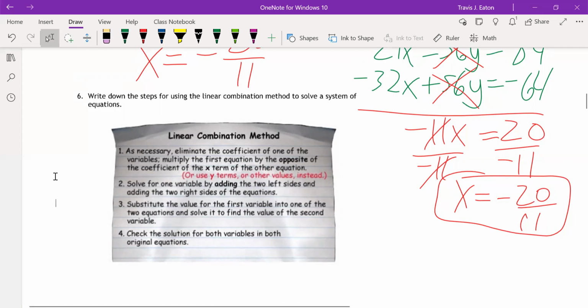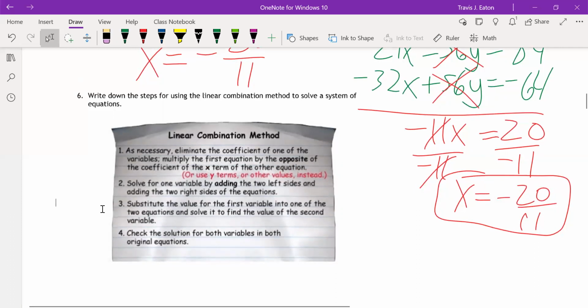Now, if that sounds too wordy and you want to write it in your own words, that's probably best. And I would encourage you to do so. But I'm just putting that up here. And if you need to finish it later, you can always write these steps down as you watch the video of this lesson later on.